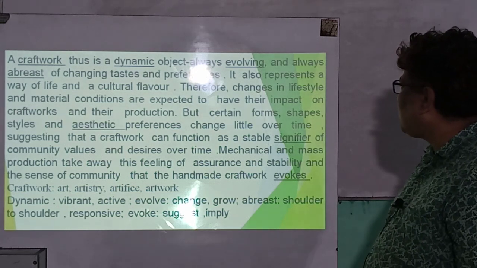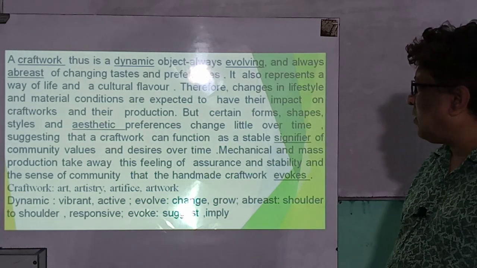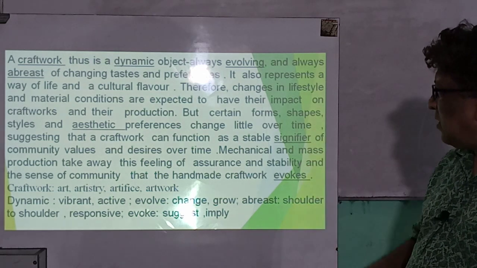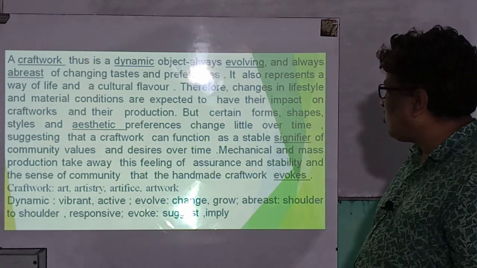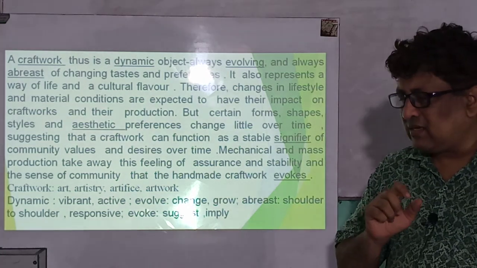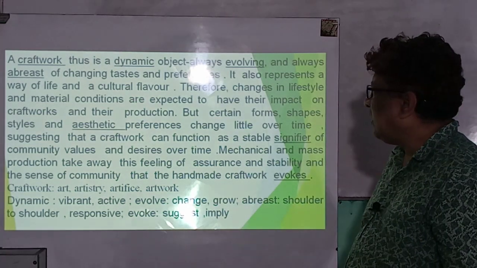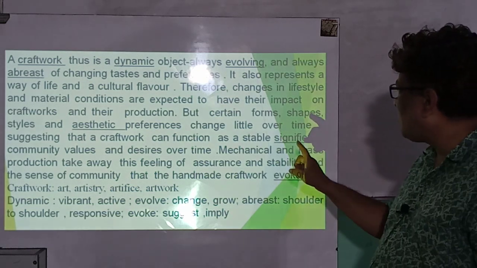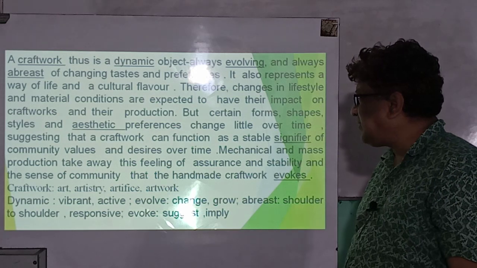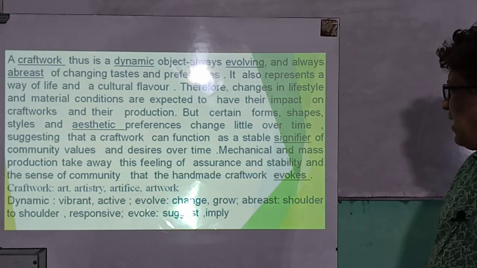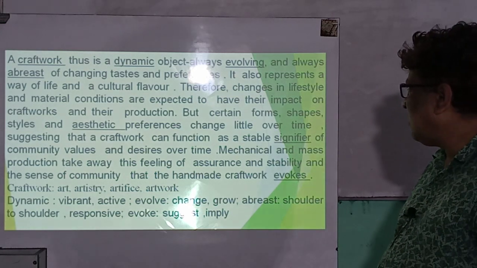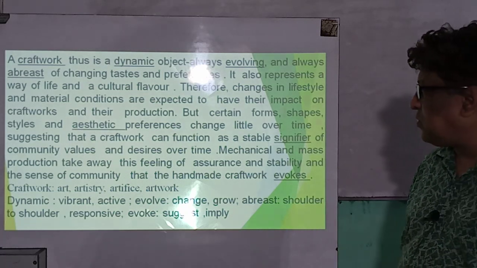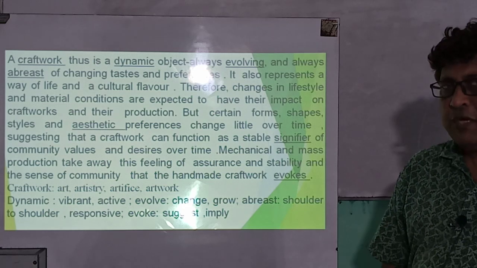Therefore, changes in lifestyle and material conditions, material conditions means concrete conditions, are expected to have their impact. Impact means influence on craftworks and their production. But certain forms, shapes, styles, aesthetic preferences. So aesthetic means which is related to the sense of beauty.